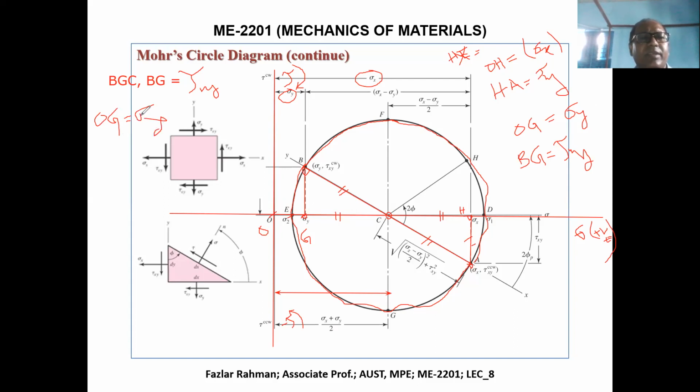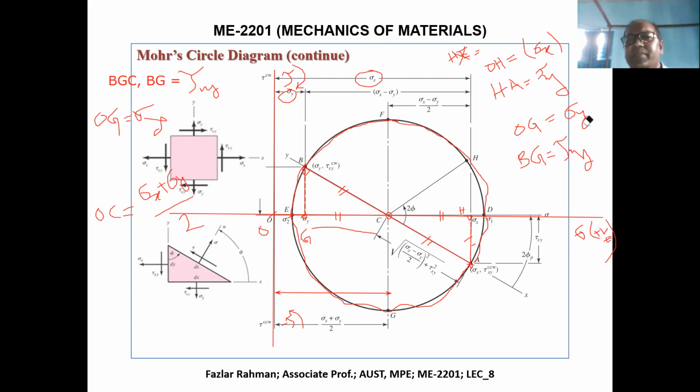Now, I need this distance. But I know the OC. OC I know. What is the OC? OC is the location of the center. So sigma x plus sigma y divided by 2. This is my OC. So how will I get CG?